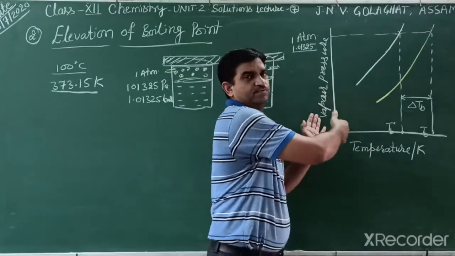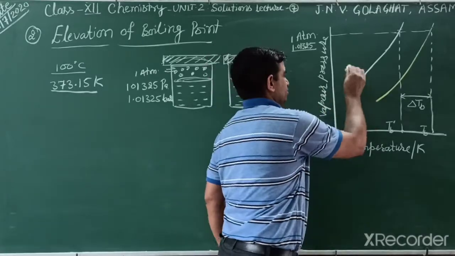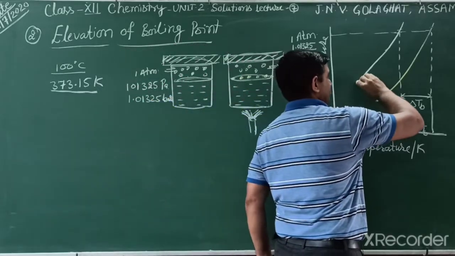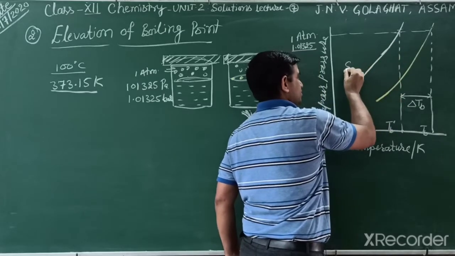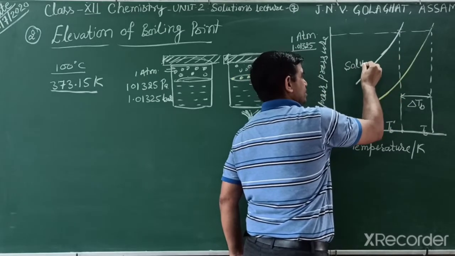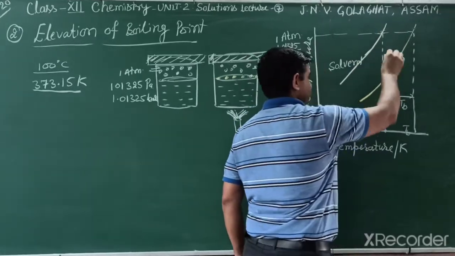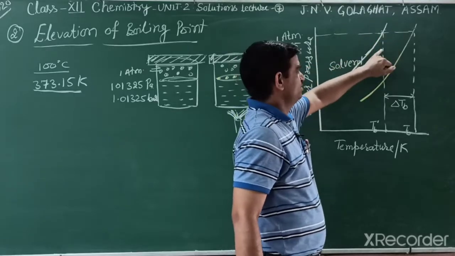So students, when we plot vapor pressure against temperature, because the solution's vapor pressure is lower, in the curve this one is the solution and this one is the solvent. This graph is the solvent, because the solvent vapor pressure is higher. When temperature increases, vapor pressure increases.